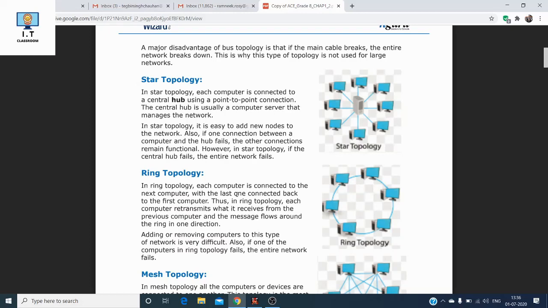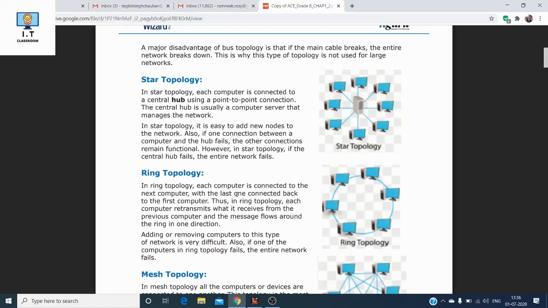All the information that is transferred from one computer to another on the network passes via the hub. Star network is one of the most common computer network topologies because it is easy to add or remove nodes, meaning it is easy to add or remove the computers connected in this topology.